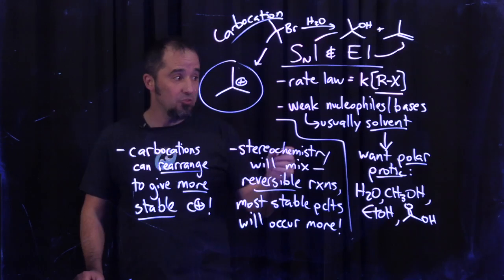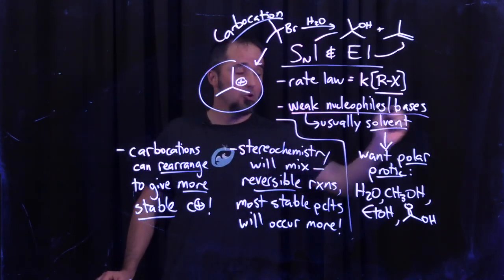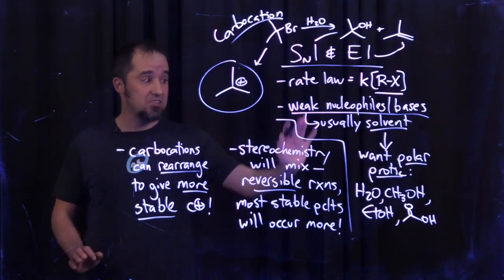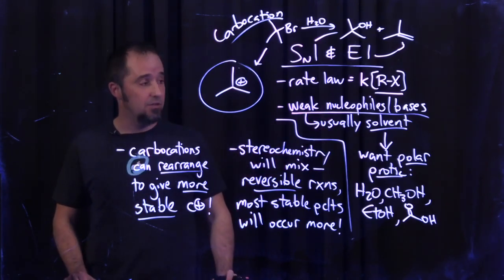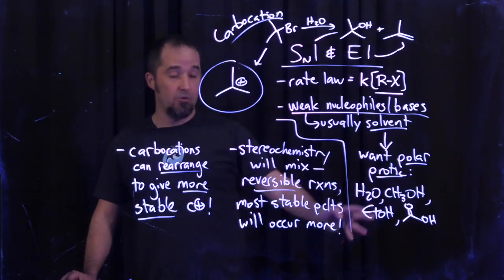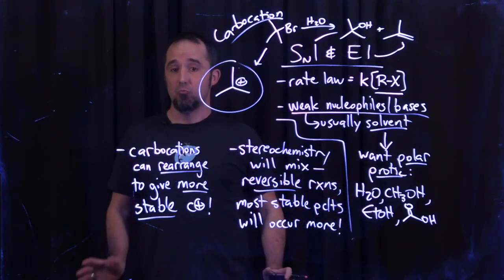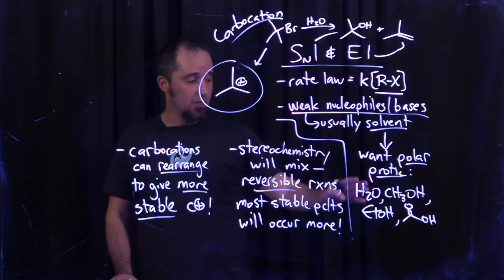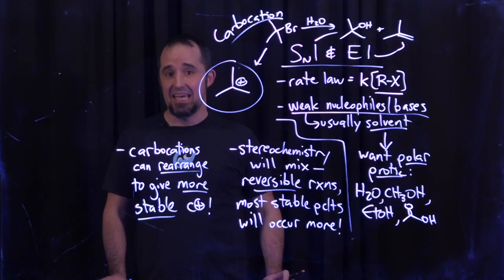In general, I'm almost always going to have very weak nucleophiles and very weak bases, which is to say the solvent is probably the base or the nucleophile, and that solvent is probably one of a pretty small set of really, really polar compounds. Water, methanol, ethanol, maybe acetic acid.